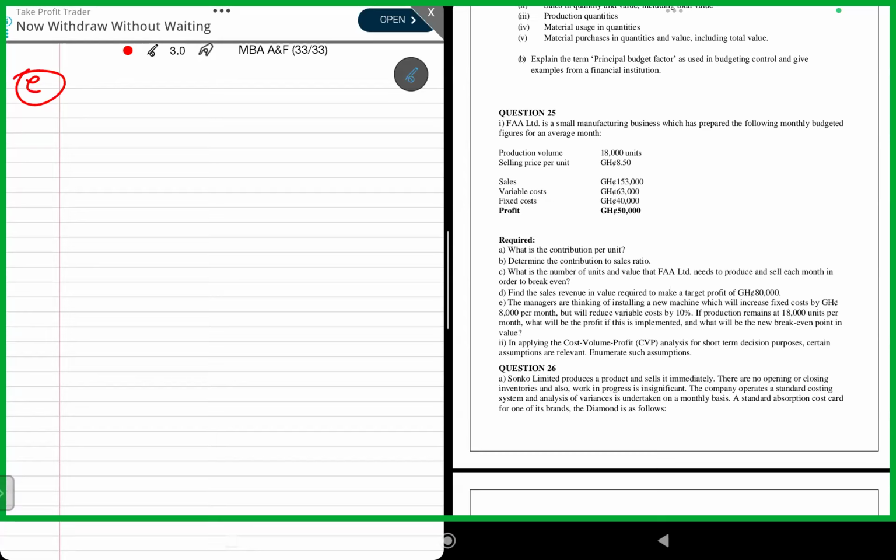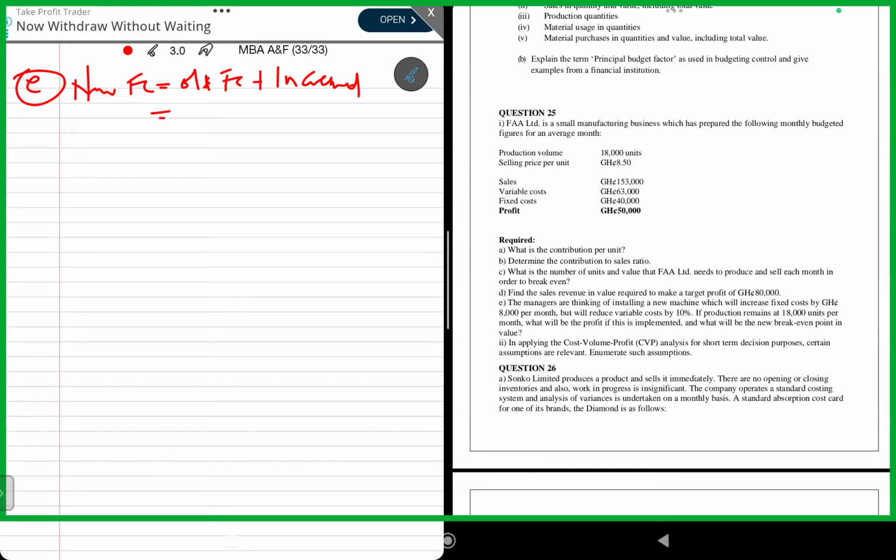All right. So what do we first do? When they install a new machine, it will increase fixed cost by 8,000. So new fixed costs. New fixed cost is equal to the old fixed costs plus the increment, right?